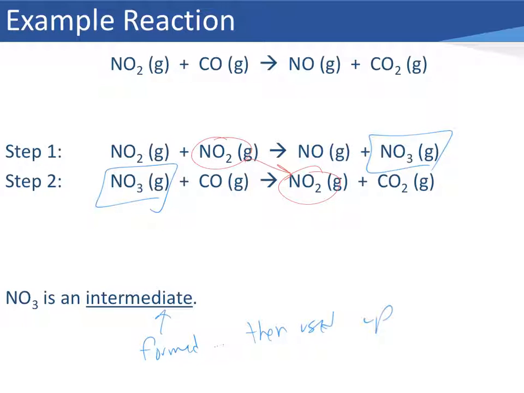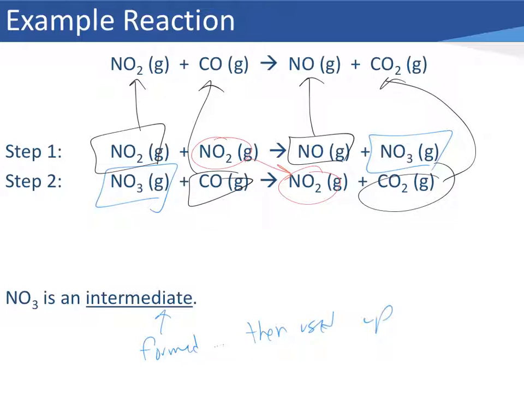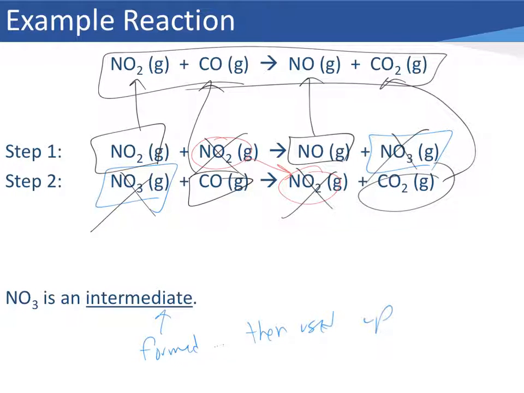So that means overall, if I want to look at the overall reaction, NO2 plus CO makes NO plus CO2. The NO3 cancels, NO2 cancels, and I'm left with the overall reaction. So this is a two-step reaction as a mechanism.